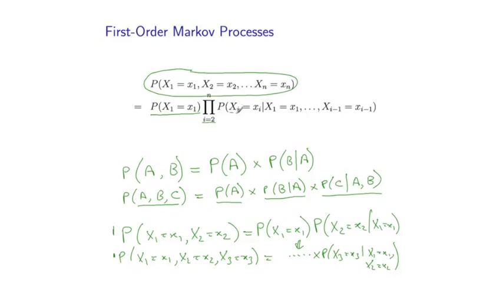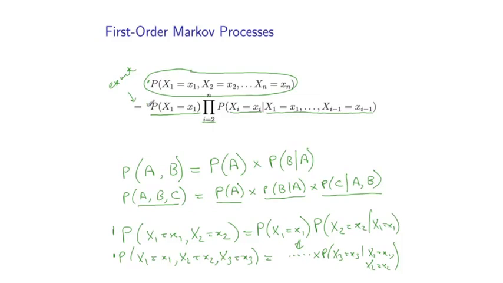Each term has the probability that Xi equals xi, and I condition on all of the previous values for the random variables in the sequence. And again, it's critical to realize that this equality is exact, in that I can always take a joint probability of this form and rewrite it using the chain rule in this form. So that's the first step in deriving a first-order Markov process.